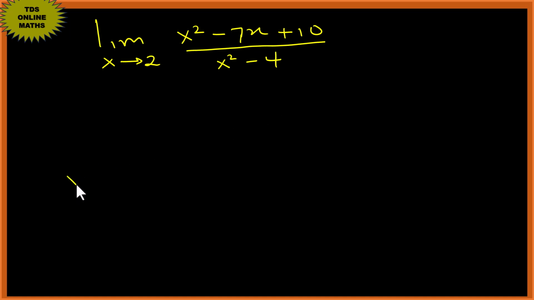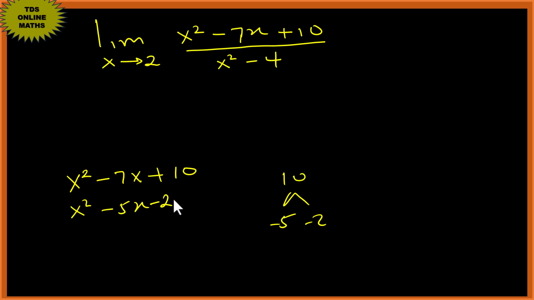So x squared minus 7x plus 10. Let's pick 10 here and find two numbers that multiply to it. So we have 5 and 2 here. So x squared minus 5x minus 2x plus 10.